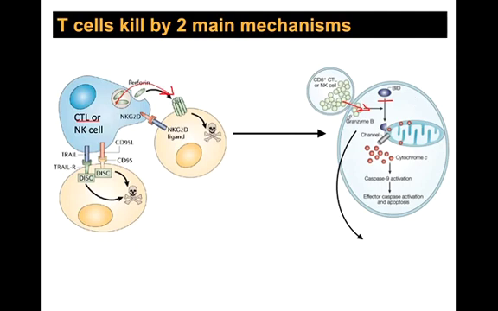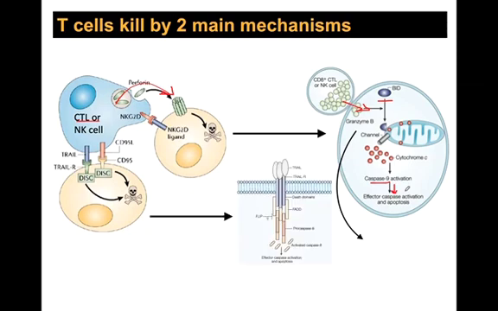This is a simplified diagram where it's really focusing on activation of BID, release of cytochrome C, that causes activation of caspase 9, and then downstream, you get caspase 3 and ICAD cleavage and DNA fragmentation.